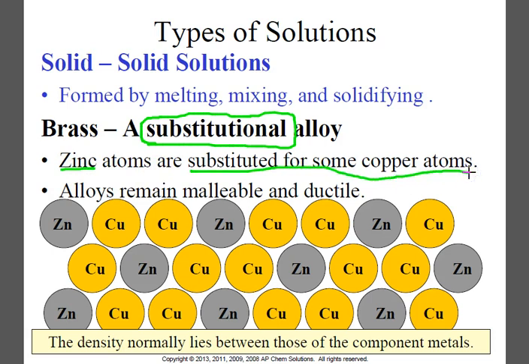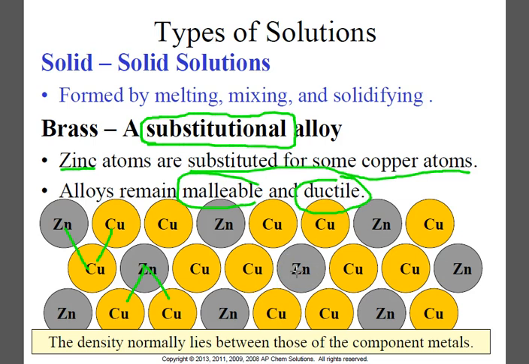You still have your terminology of solute and solvent. If you look at this picture, you can see there's a lot more copper, so that would be your solvent. But then some zinc was substituted as your solute. You still don't have directional bonding, because zinc is just another metal, and it's not stuck in these spaces. So you still get the malleable and ductile properties.